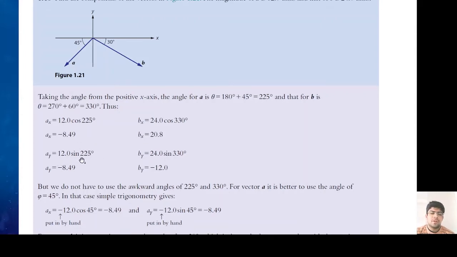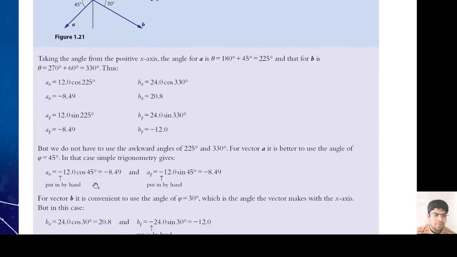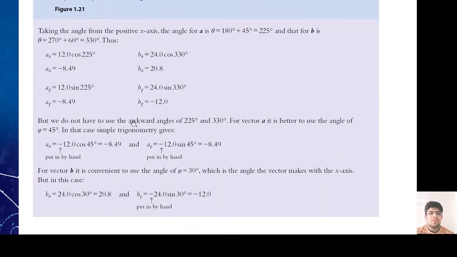Ay is 12 sine 225, and the value we get is negative 8.49, and By is 24.0 sine 330, which gives negative 12.0. But we do not have to use these awkward angles of 225 and 330.